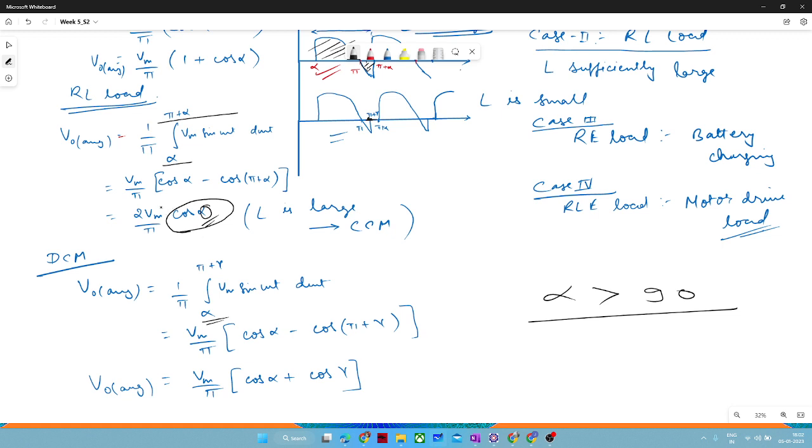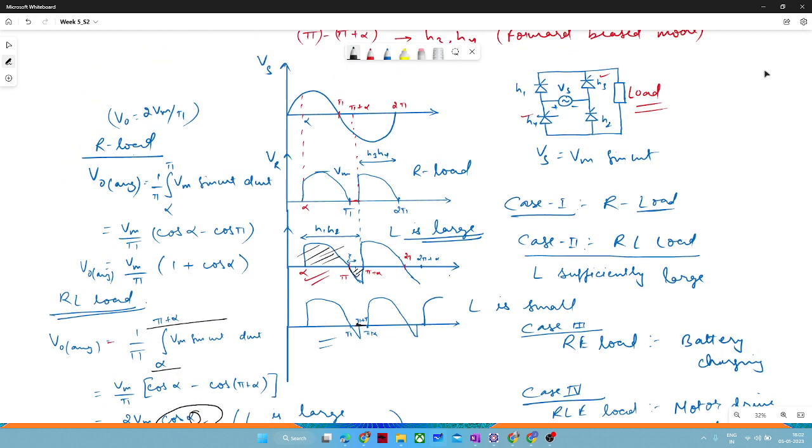So if your cos alpha term is negative, it means V naught average is negative, right? Because Vm is just the amplitude. So if V naught average is negative, we cannot reverse the direction of current on the load side because it is a rectifier. It will always have the flow of current from plus to minus. Okay.